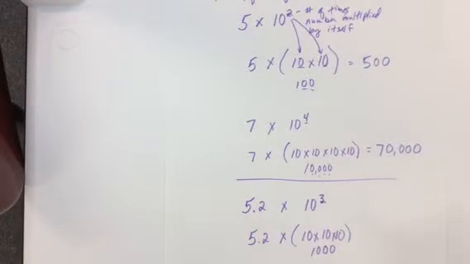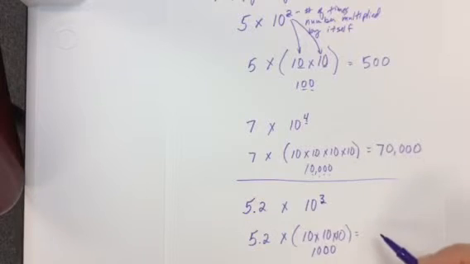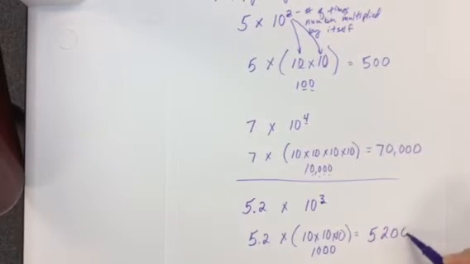It's really about understanding place value. So we would have 3 zeros, so this would be 5,200, and the reason that this would be 5,200 is because your whole number is 5.